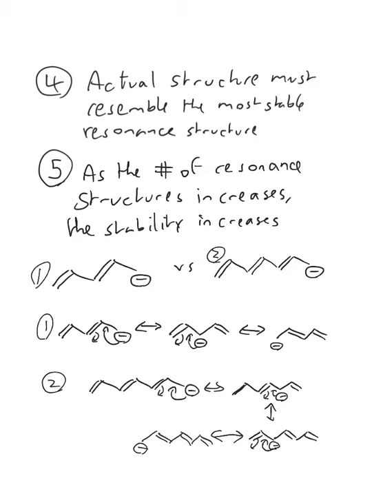So overall we have 1, 2, 3, 4 resonance structures versus 1, 2, and 3 resonance structures. This would directly tell us that number 2 is more stable because more structures.